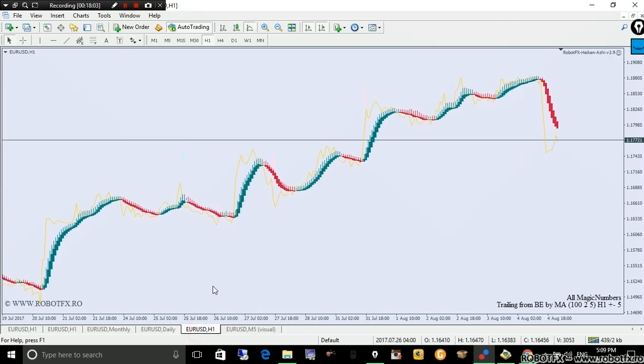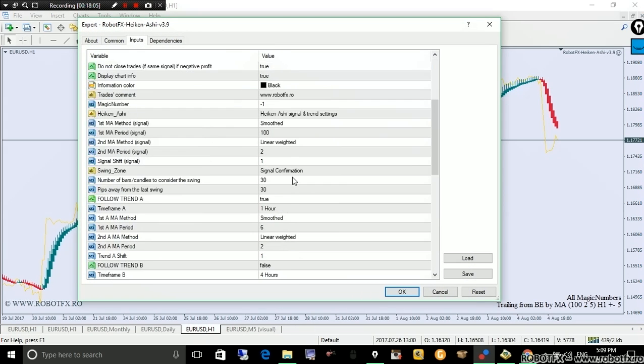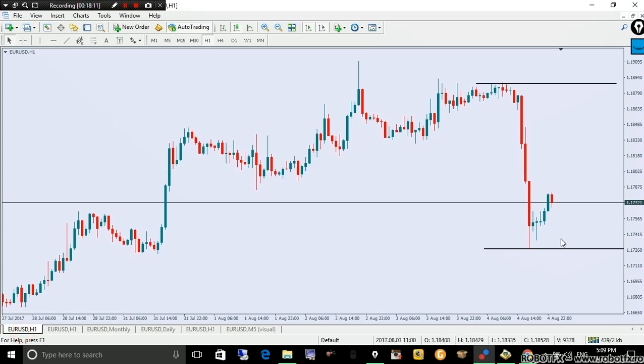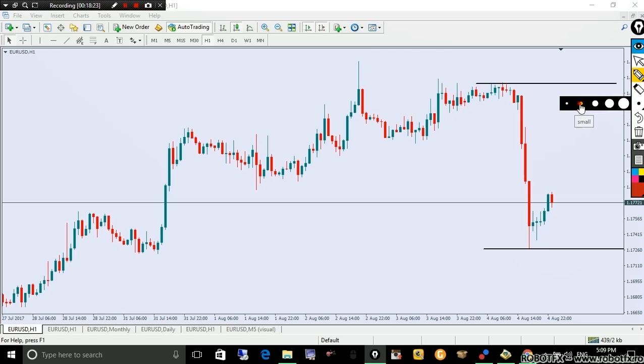And the swing zone number, the pips away from the last swing, is related to the distance that the price must be at least away from one of these limits, highest high or lowest low, depending on what the trader wants to do.